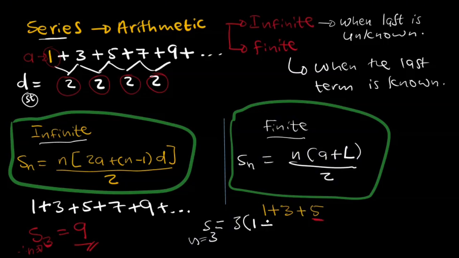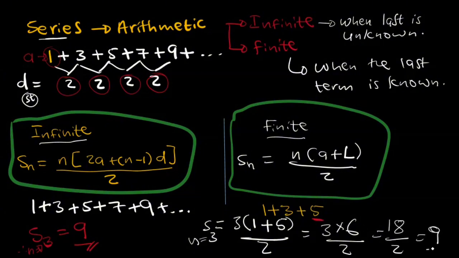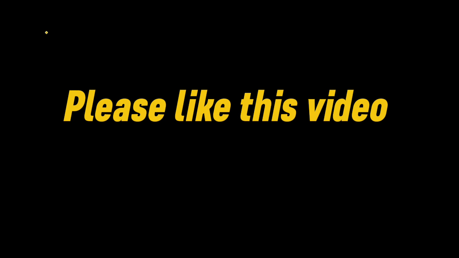First term, which is 1, plus the last term, 5, over 2. Now, this will be 3 times 6. So, 3 times 6 is 18 divided by 2, which is 9. Now you know when to use this finite formula and infinite formula. In the previous slide, we did talk about the arithmetic series.